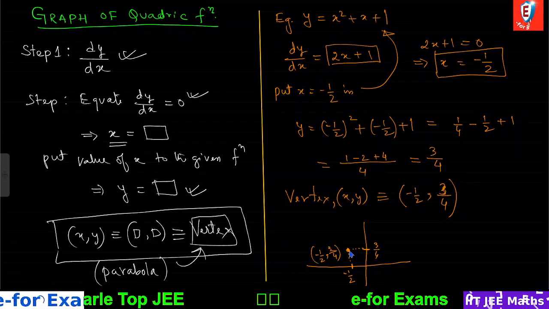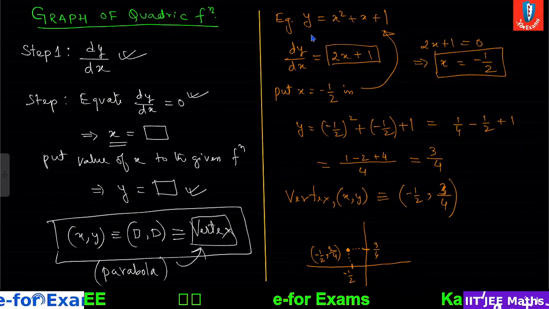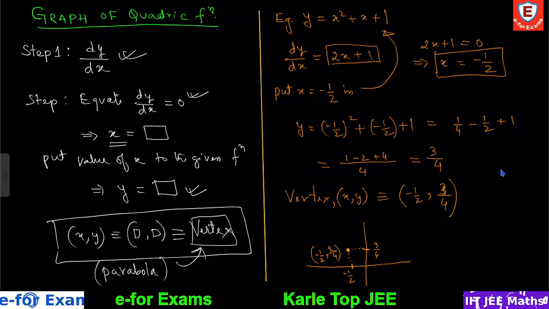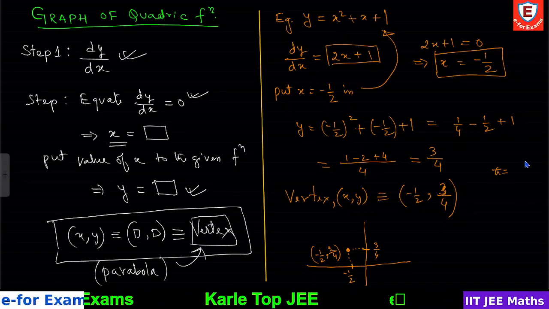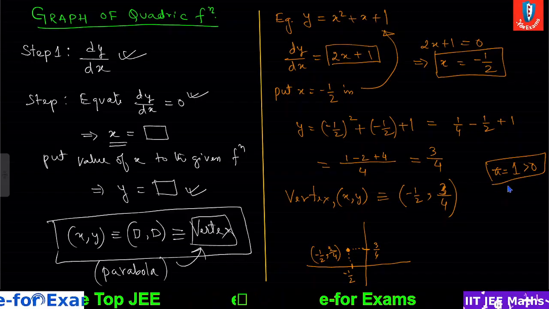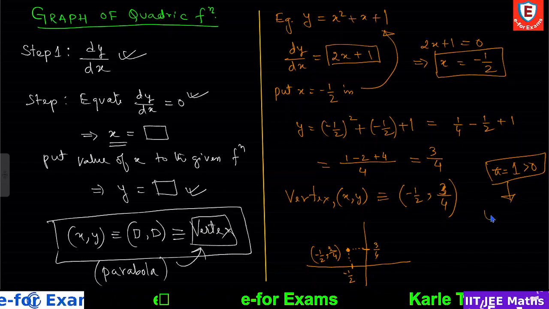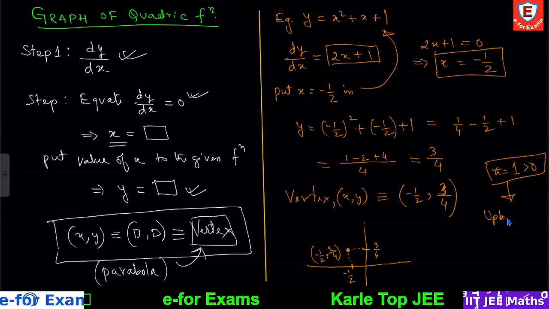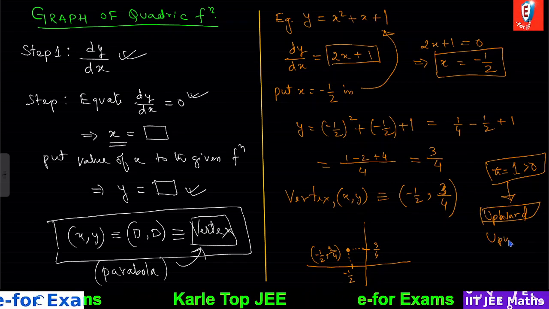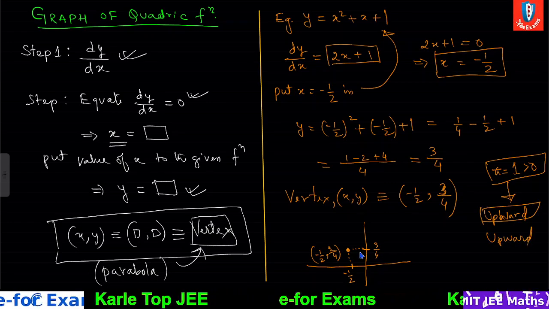This is the vertex. Since the value of a is 1, which is greater than 0, the parabola will be an upward parabola, like this.